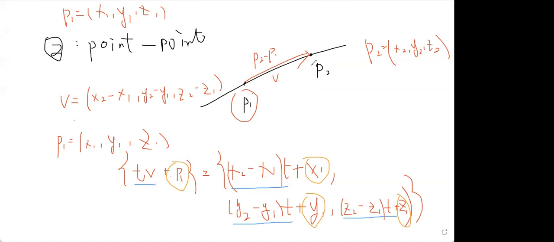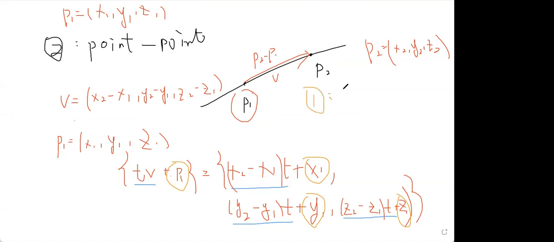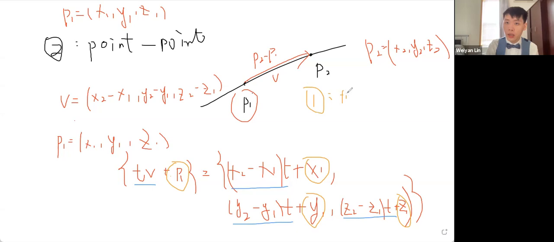And you would still do the same idea from before. You would find a t such that it fits that line. So if we want to find a point in the line, it's the same as finding such t that satisfies equation 1 for the x coordinate, equation 2 for the y coordinate, and equation 3 for the z coordinate.